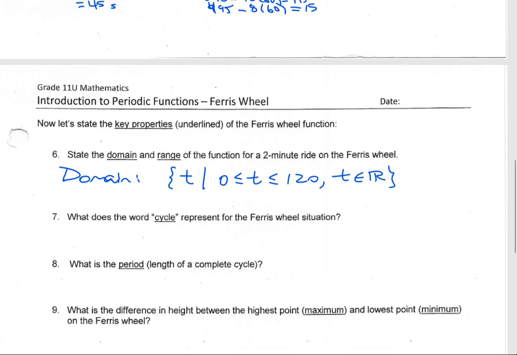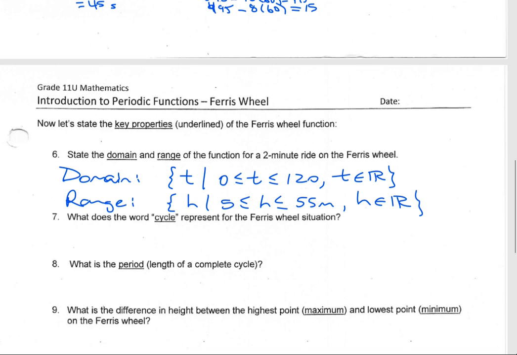So that means anything in between is okay. And the range is the set of all h's such that h is between 5 meters and 55 meters, and h is an element of the real numbers. So all times and all heights are valid within those ranges.